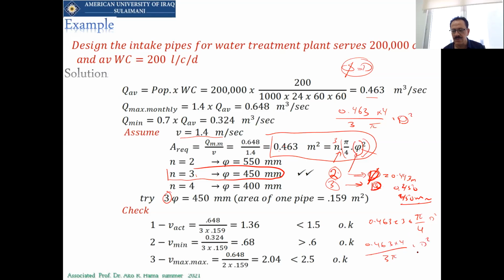So d in this case will equal 0.463 times 4 divided by 3 pi, take the square root. I think we have a problem here somehow.